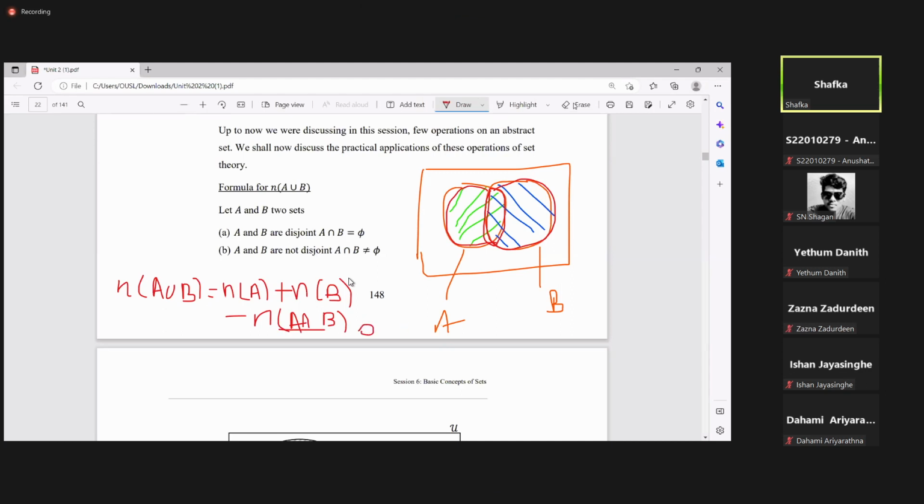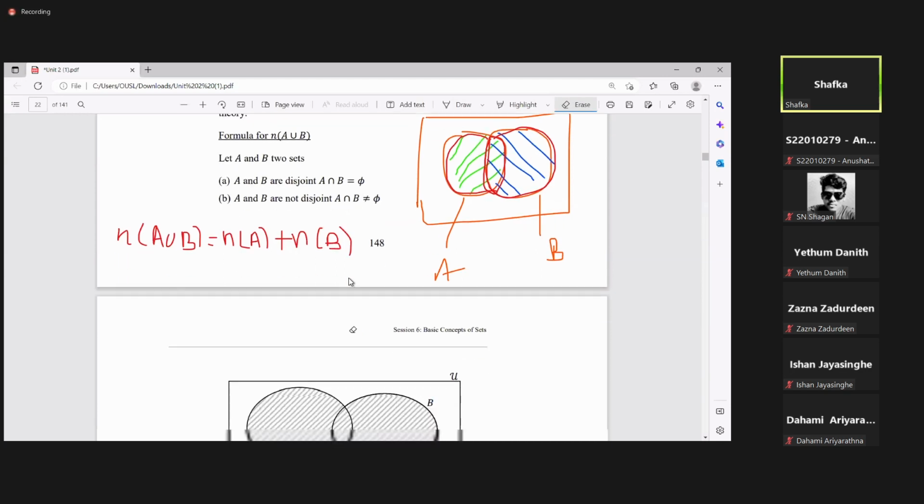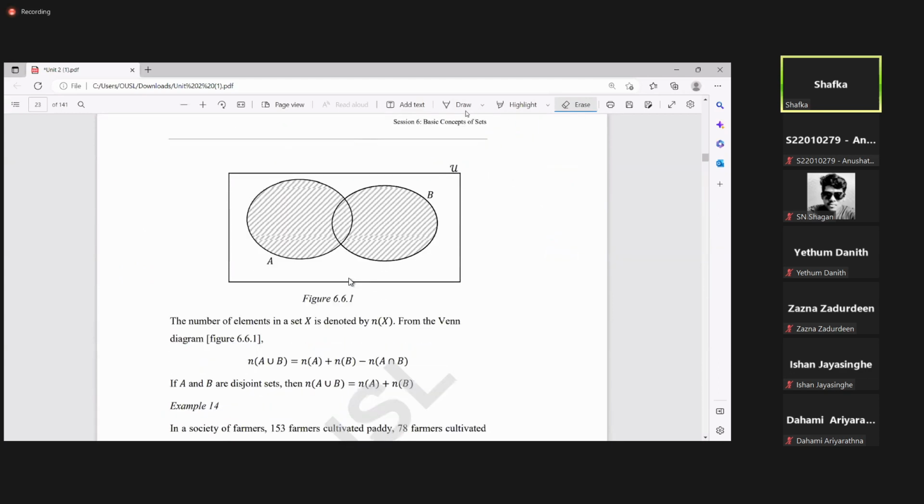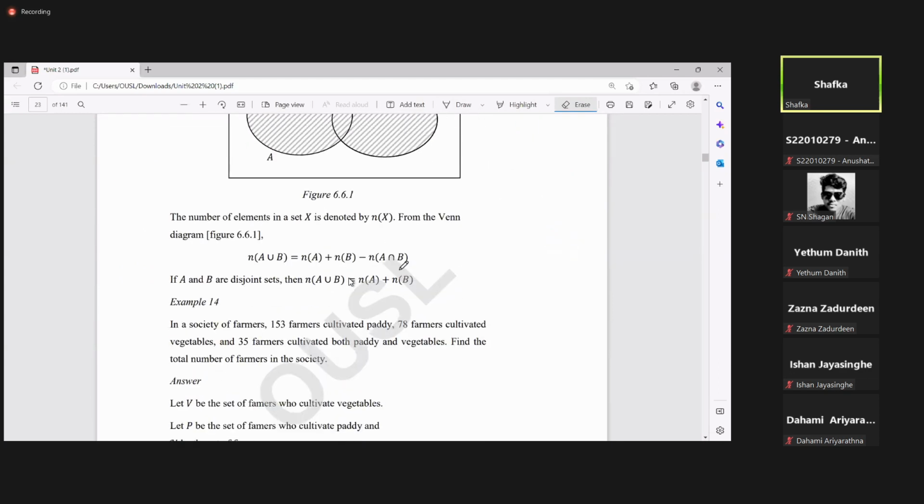So the formula comes as the number of elements in A union B is equal to the number of elements in A plus the number of elements in B. Okay. So remember where you can use this. No need to remember this one exactly, because if you know the general formula, you can use it for disjoint sets as well by just replacing the number of elements in A intersection B with 0.